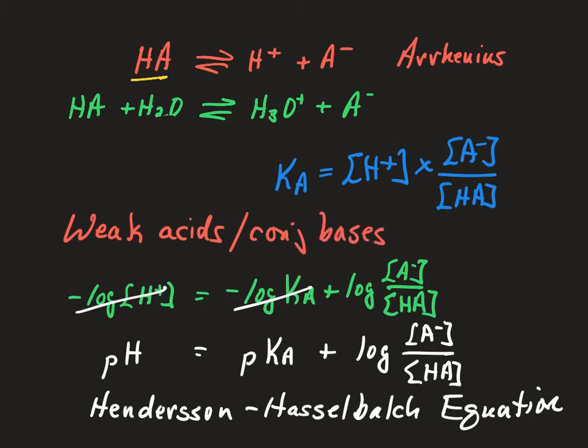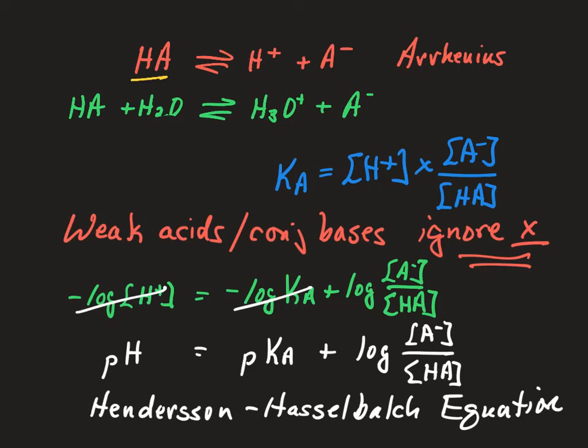In situations when, if we worked it out with an ice table, we can ignore the x that we're adding or subtracting, this gives us another way to quickly organize our problems when we suspect that we can ignore our x in the ice table.